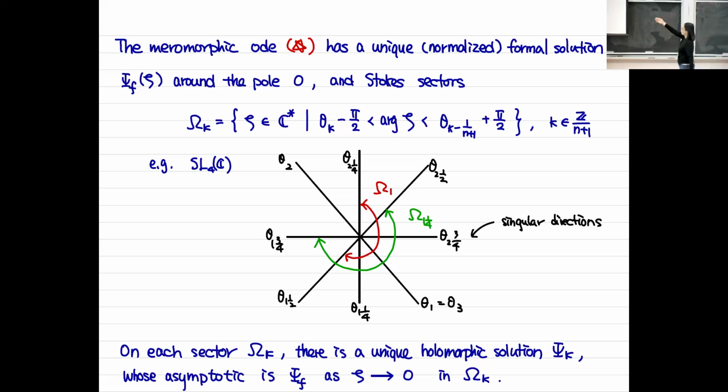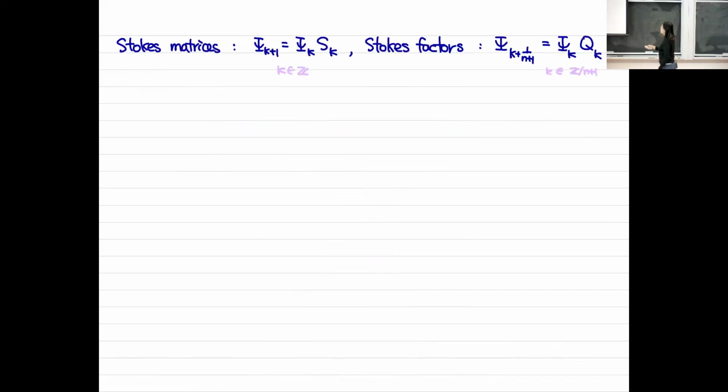Now, from this graph, you already see that the red one and the green one have an overlap, which means that on the overlapping part, they have to differ by only a constant because it's unique. So that's the Stokes. The Stokes is the difference between these consecutive solutions over here.